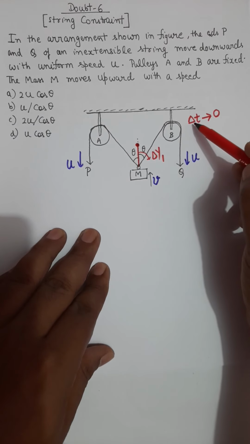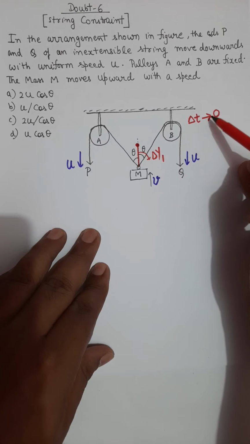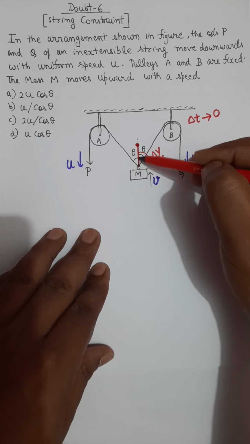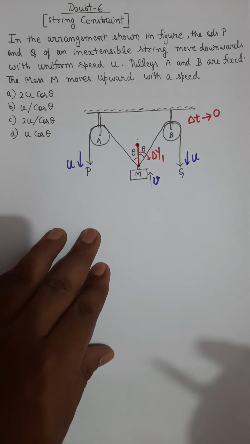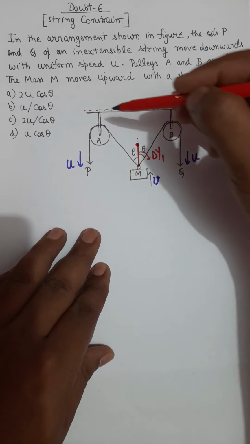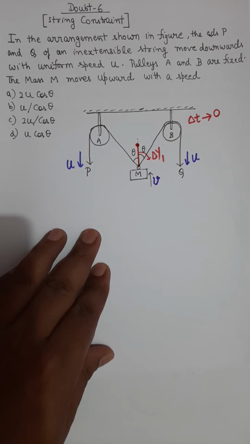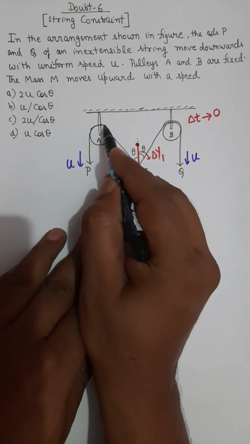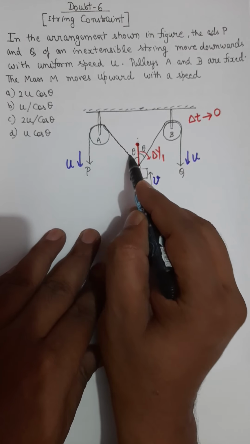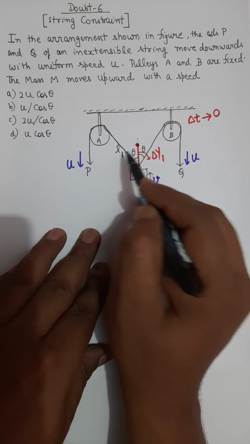So during a very small or negligible time delta t which tends to 0, this mass has moved up delta y1. As a consequence, this slanted portion of string, let's say it has a length of L1.